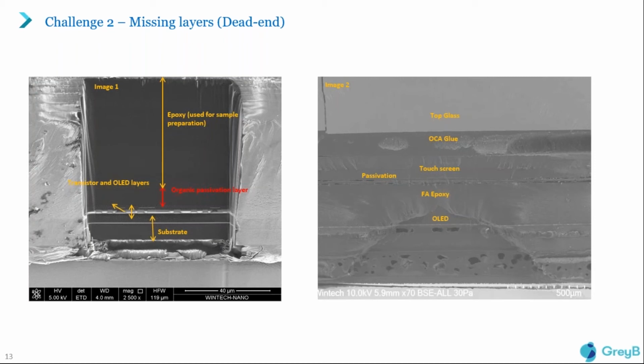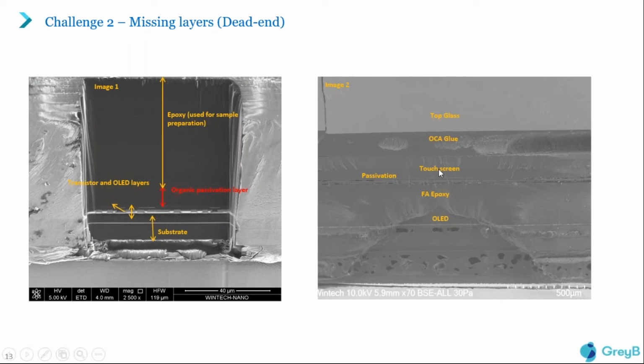What we figured out was the image which you see on the right hand side, the top glass. When we were initially making the samples, we were removing this glass as it was not a part of the layers which we wanted to study. But removing this glass was affecting different layers like glue and touchscreen, which you can see below it.